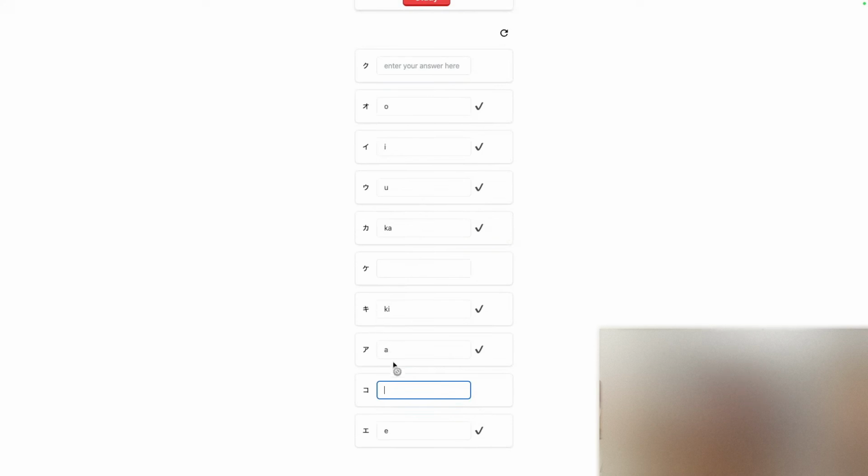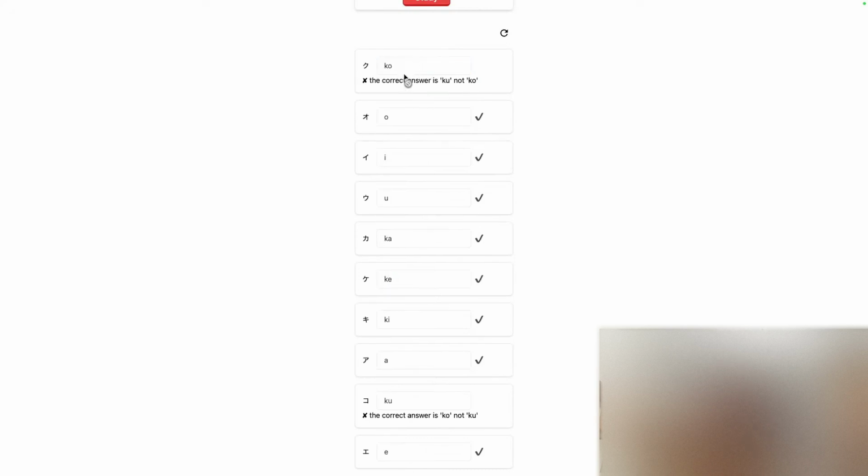So which one is Ku? Something about this, it looks like Ku. No. Okay, so that's wrong. So we just have Ke and Ko left. They look very similar to me. Oh, so this is Ku.